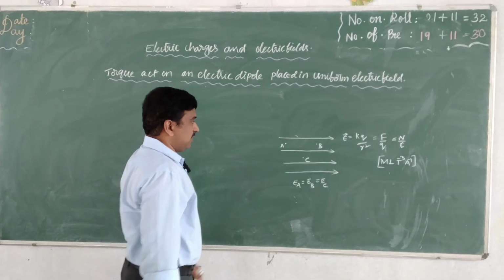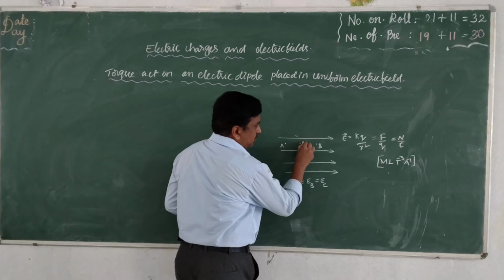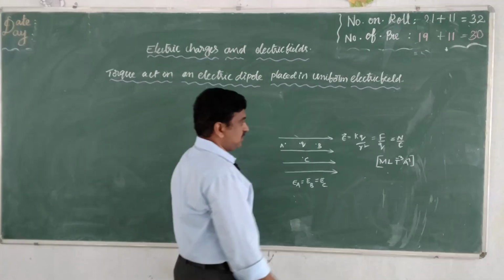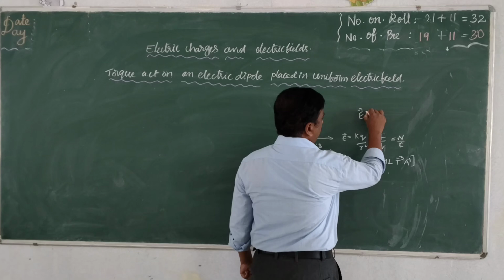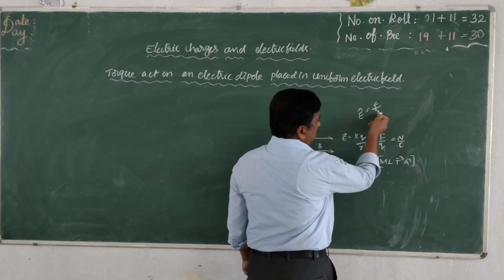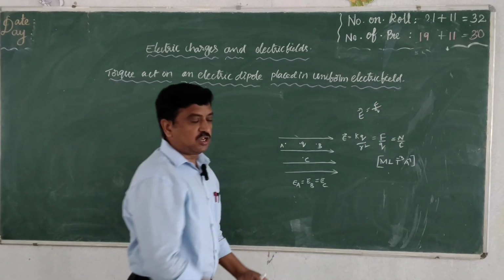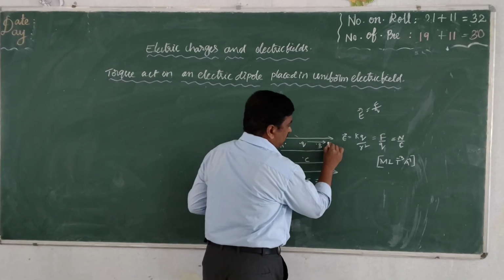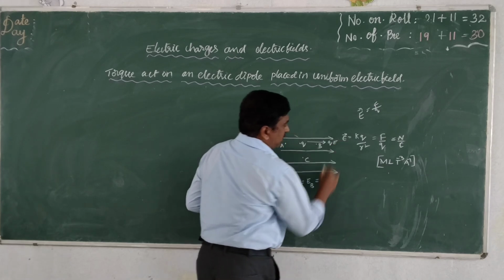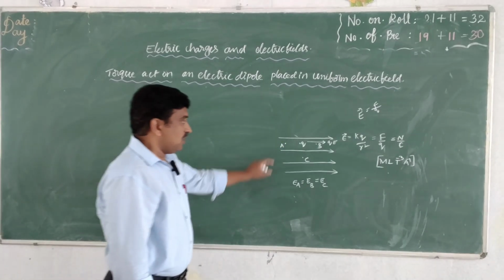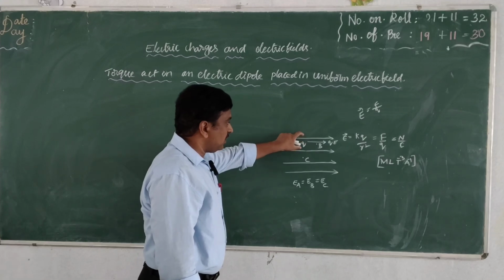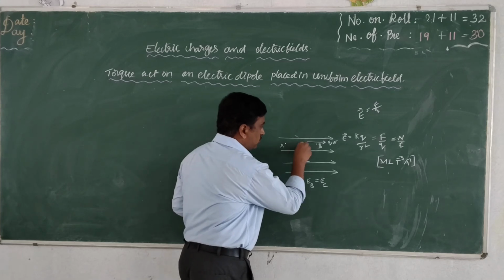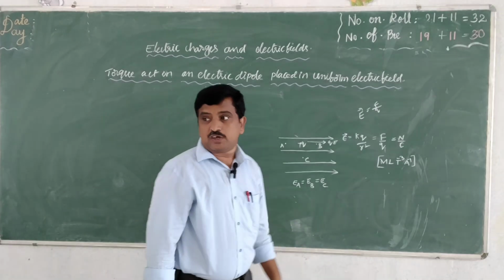For example, here a charged particle q is placed. A force is exerted on the charged particle. The electric field is F by q, so the force acting on the charged particle is qE. For a positive charge, the force is in the direction of the electric field.